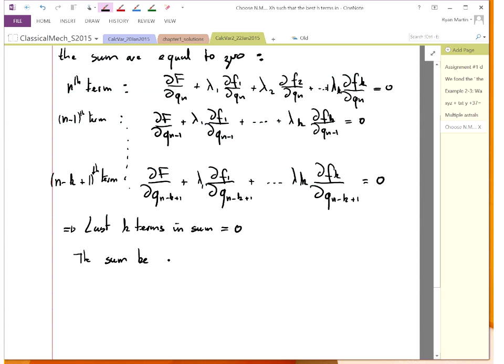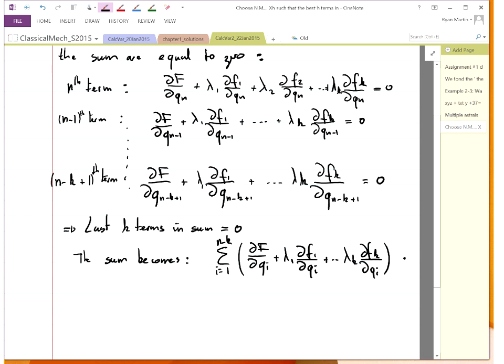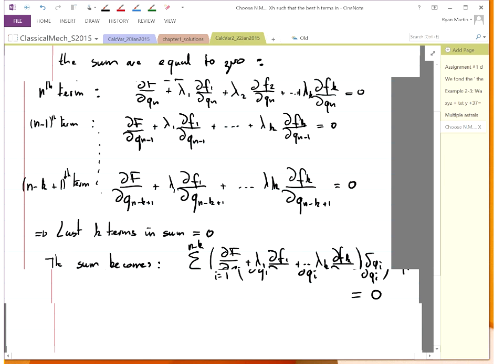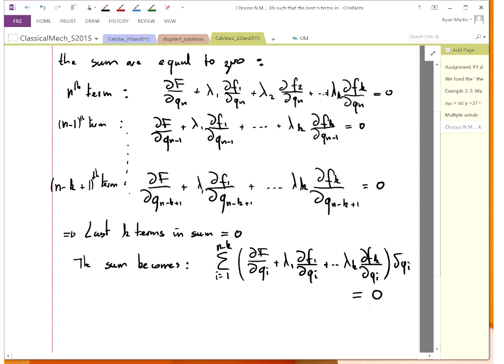So the sum becomes the sum from i equals 1 to n minus k of (∂F/∂qi + λ1 ∂f1/∂qi + ... + λk ∂fk/∂qi) δqi, and so that's still equal to 0.